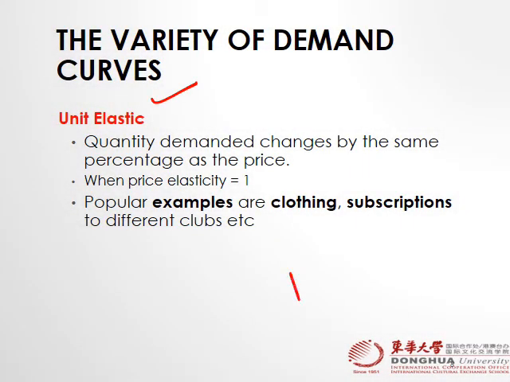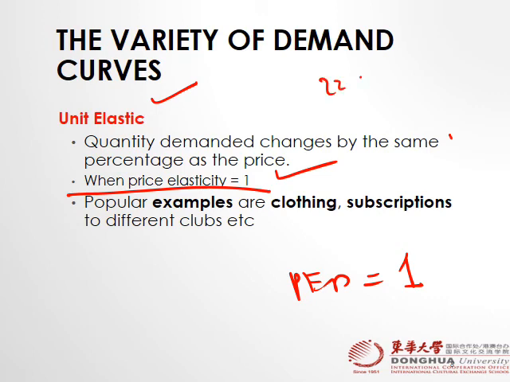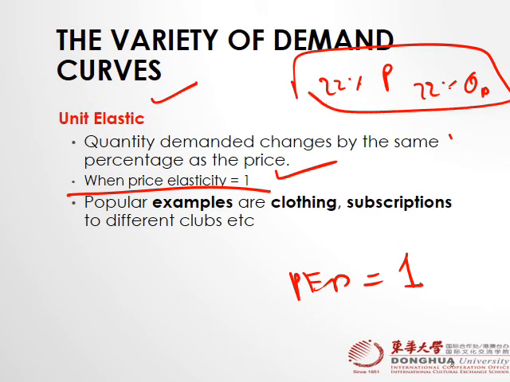Okay, unit elasticity: when the price elasticity of demand answer is 1, we call this unit elastic demand. So the quantity demanded changes by the same percentage as the price. For example, if a 22% increase in price causes a 22% decrease in quantity demanded, we call this unit elastic demand.